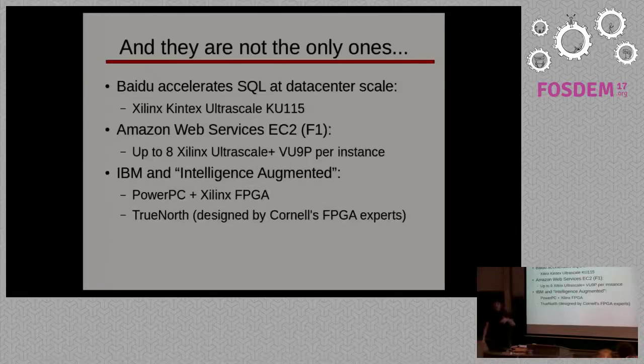And even more, they have designed their own chip for deep learning that is called TrueNorth. What not many people know is that this chip is actually designed by the Cornell University FPGA experts. So what is really in this chip is a very specific FPGA.